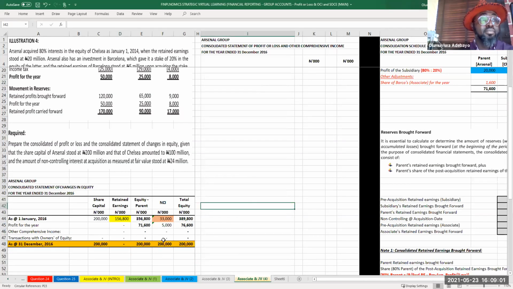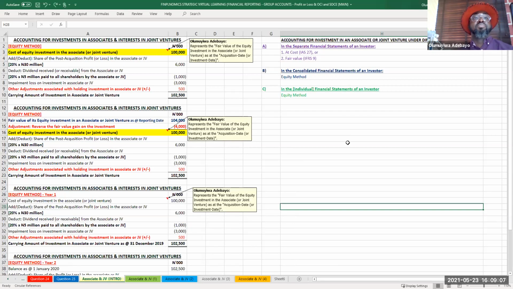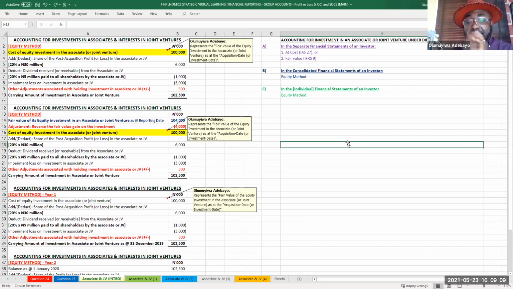Just briefly, yes. Okay, let me show you this. Remember that first, before you even talk of subsidiary, associate, or joint venture, you must first recognize that you are investing in shares, in equity. And equity from the perspective of IAS 32 is a financial asset.